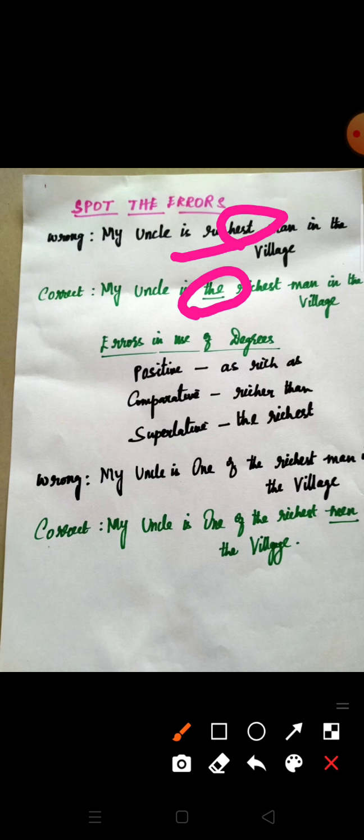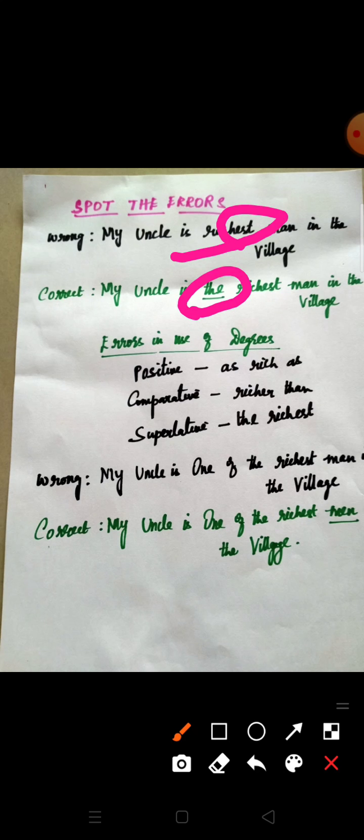Look at the next sentence. Wrong: my uncle is one of the richest man in the village. See here, the first sentence above, my uncle is the richest man in the village, means that in this village, my uncle is the richest, he is the wealthy one. Look at the second sentence down. My uncle is one of the richest man in the village.